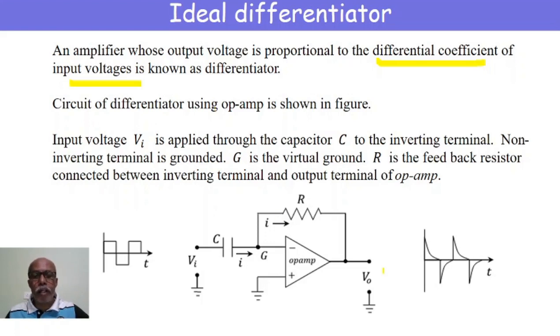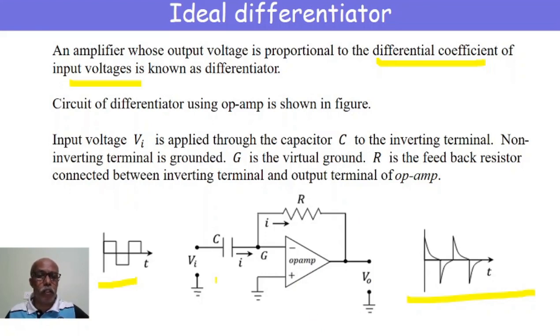The circuit diagram of a differentiator using an op-amp is as shown. These are the input and output signals, and this is the differentiator circuit consisting of an op-amp.